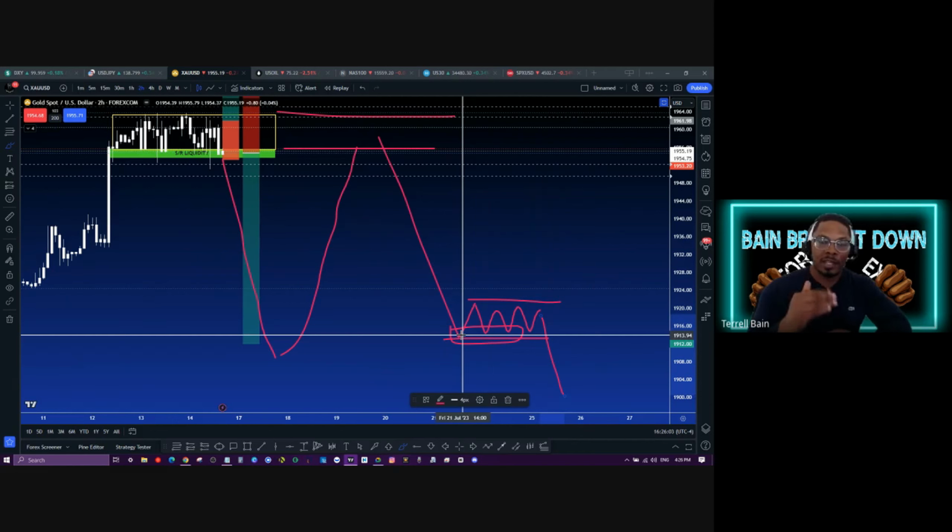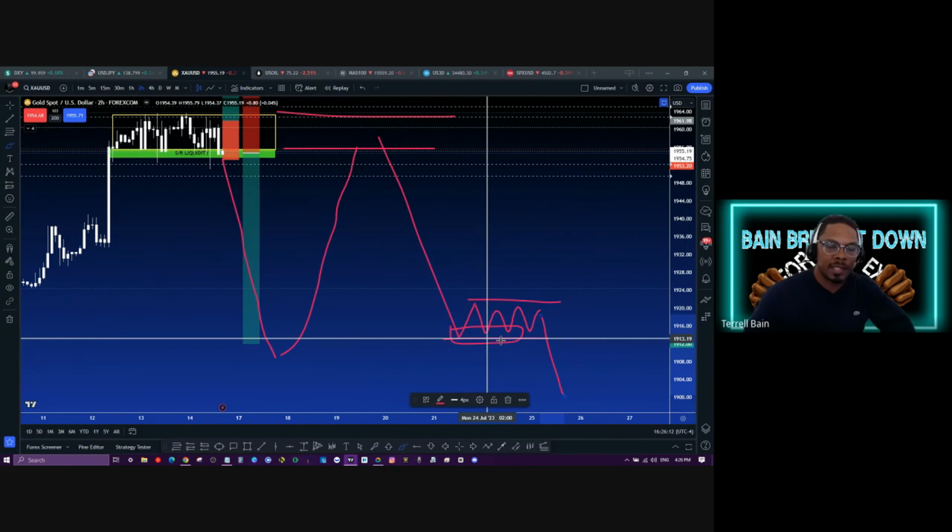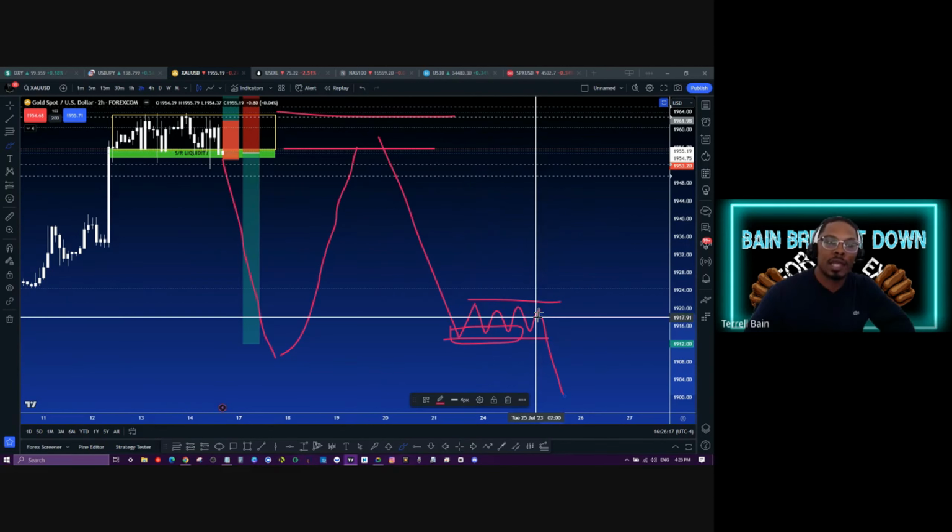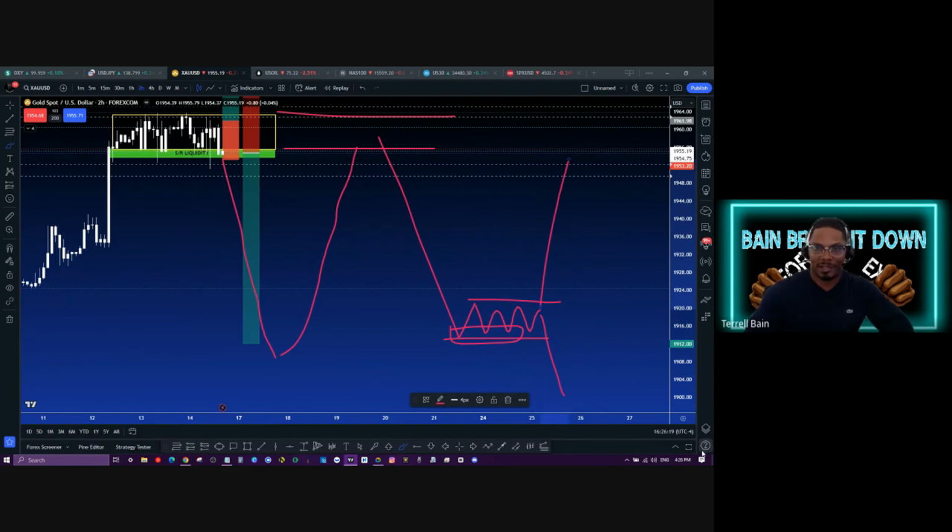Remember, support is going to hold you up off the floor. So if price is having a hard time breaking below this support level, it most likely wants to reverse. It most likely wants to go up, or at least it's not going to get any lower, because that's what support is telling you: price is holding above this level. So maybe price wants to go up.